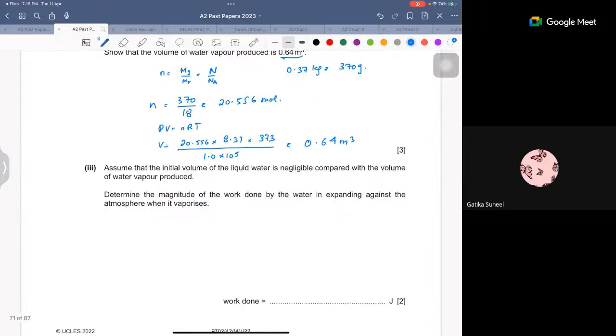Then it says, assume that the initial volume of water is negligible compared to the volume of water vapor produced. Determine the magnitude of work done by the water expanding the gas when it vaporizes. So work done is pressure times change in volume. Now we have the pressure, and the volume increase was this much.